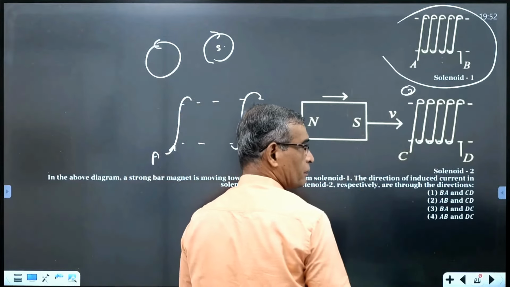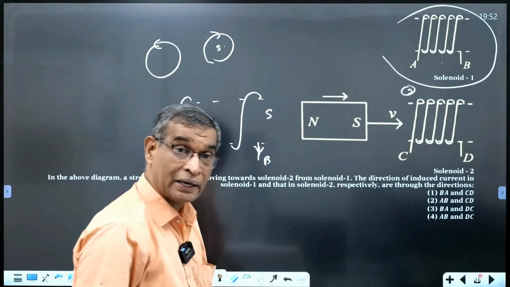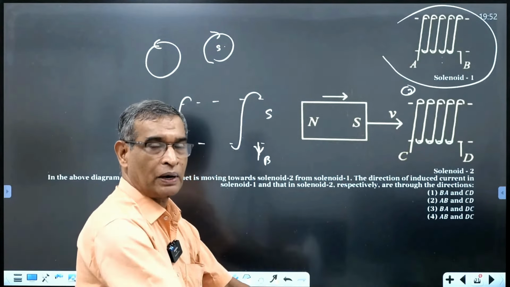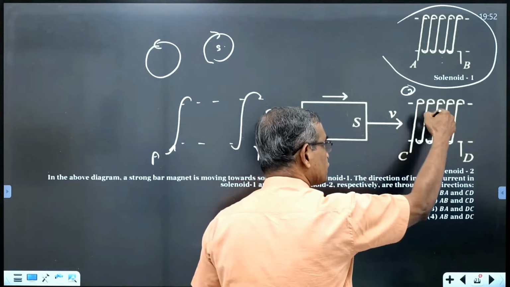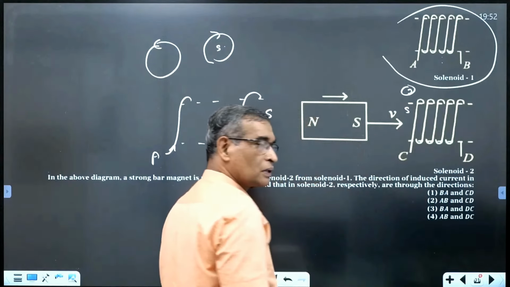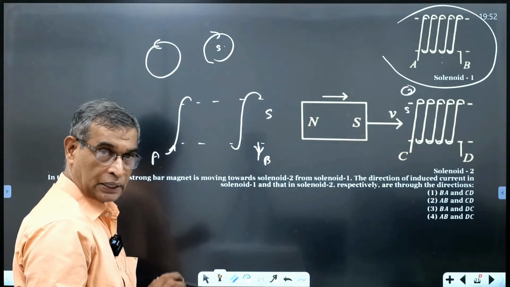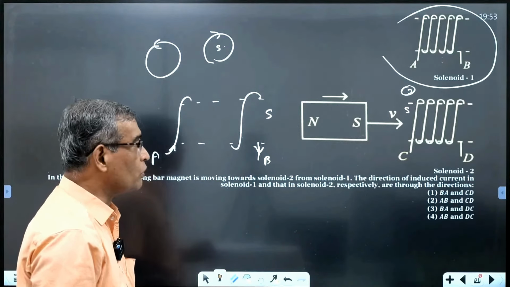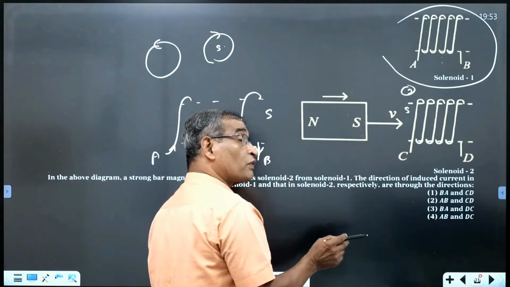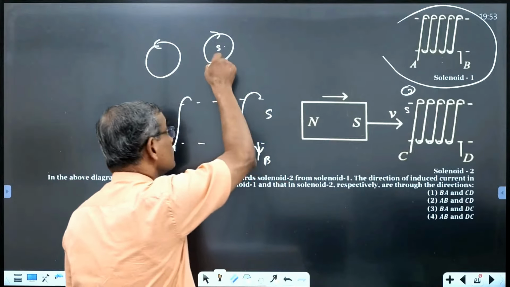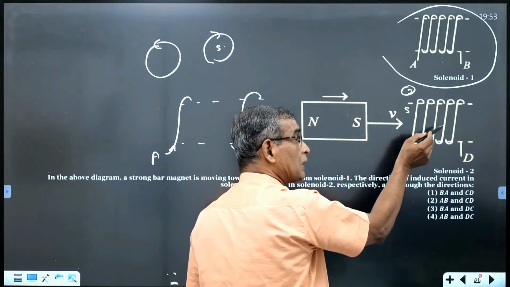Now look at this one. A south pole is going to enter into that one. By the electromagnetic induction principle, it will try to prevent its arrival. To prevent arrival, there must be repulsion, for which this face of the solenoid must act as a south pole. And to become a south pole, the current must be clockwise, looking from here.